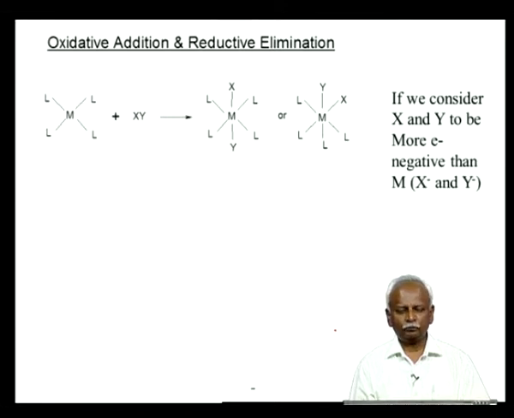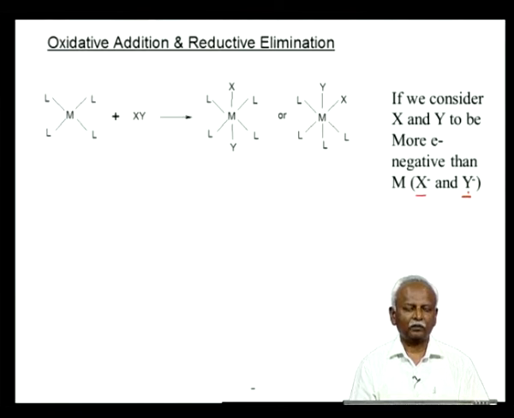So, now the question is, what has happened to the oxidation state of the metal? If we consider the metal to be less electronegative than X or Y, then you would have to write X as X minus in this complex and Y as Y minus, and at least in the ionic method, it is easy to see that you now have 2 more negative ligands than what you started out with.